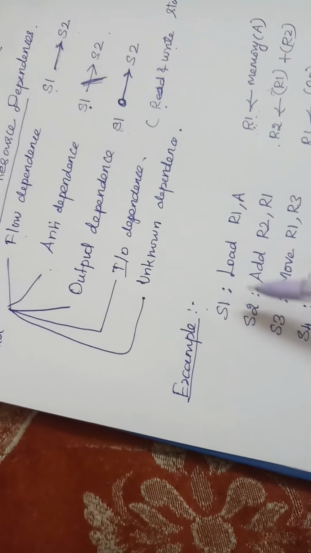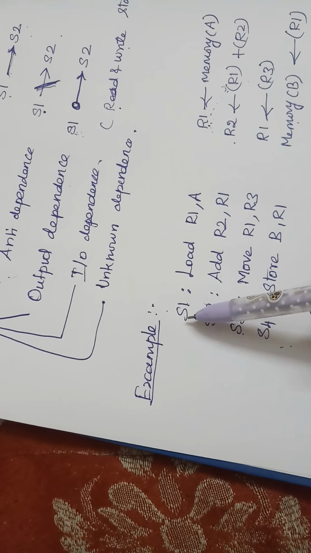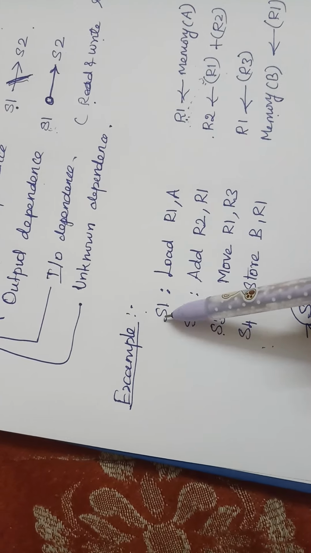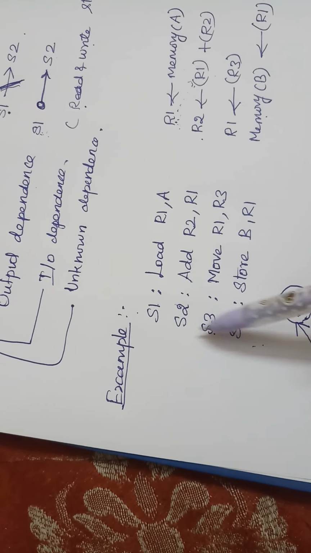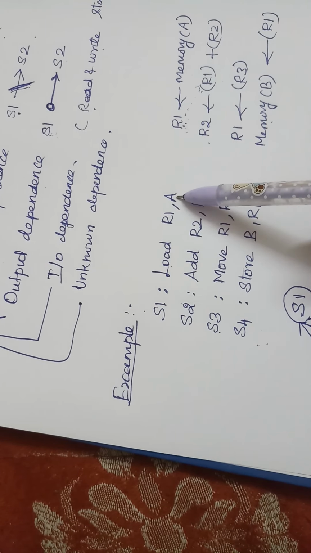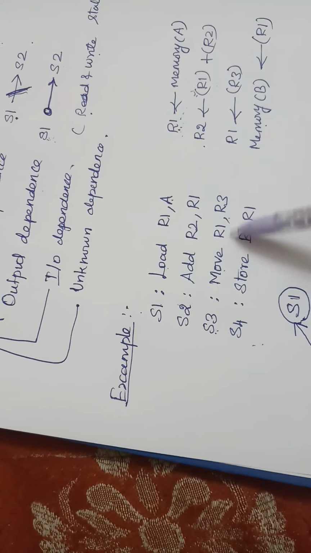Then coming to S2, S1 and S3, we must compare each one. S1 is compared with S2. Then we must find the dependence between S1 and S3. S1 is load R1, A, and S3 is move R1, R3.